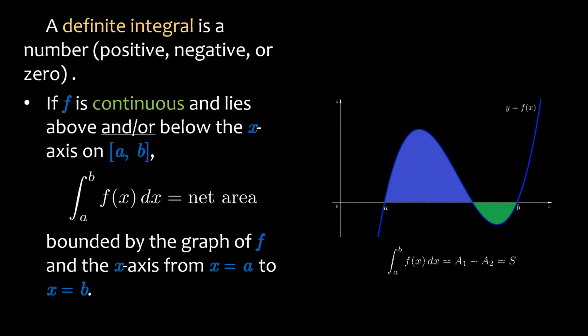Getting the definite integral of a continuous function f on the closed interval a, b denotes the net area of the plane region. The area above the x-axis is regarded as positive, while the area below the x-axis is regarded as negative.